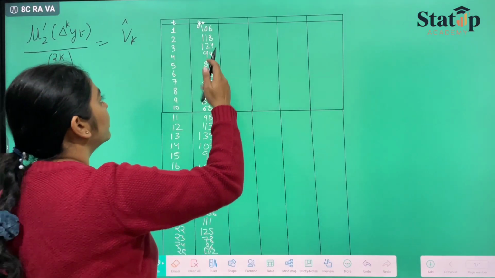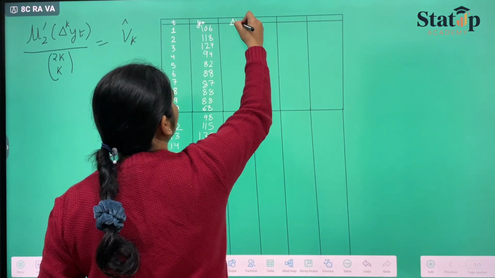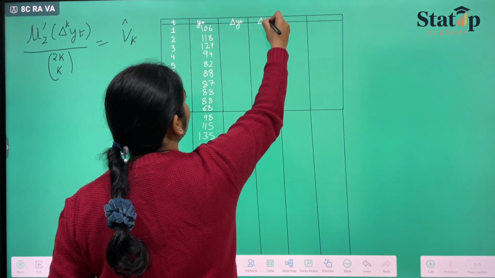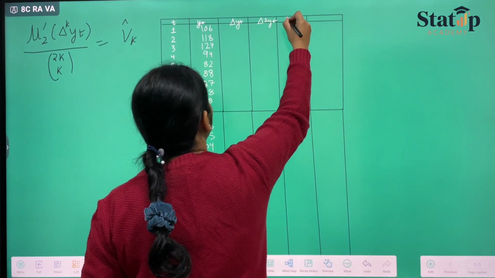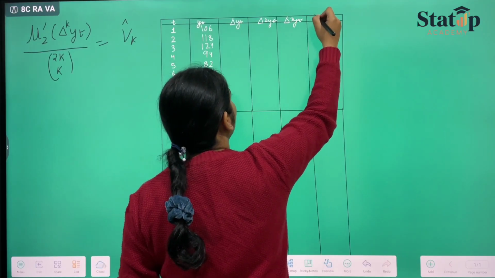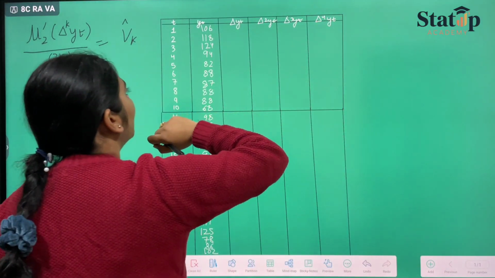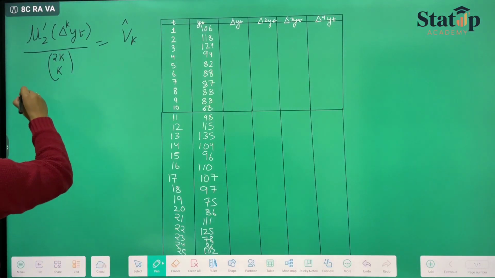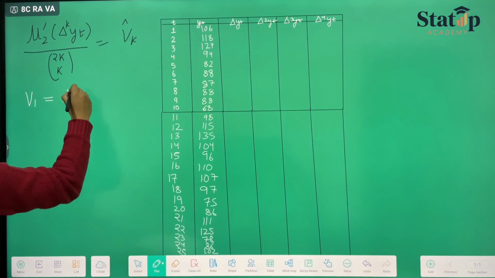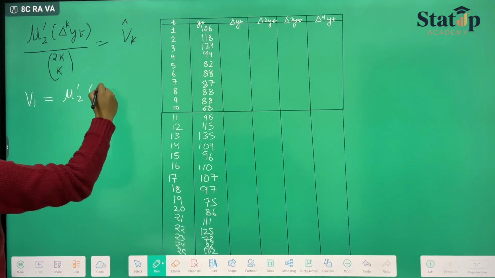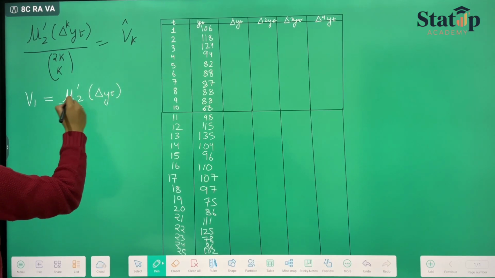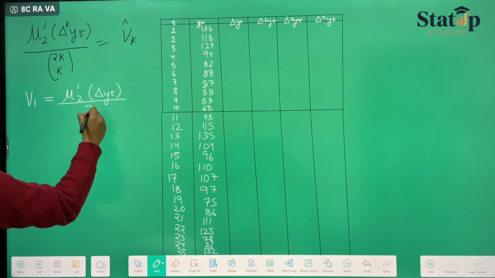So first of all, we'll calculate delta yt, then delta square yt, delta cube yt, and delta raised to the power 4 yt. For v1, we just need delta yt, and 2C1 would be 2.